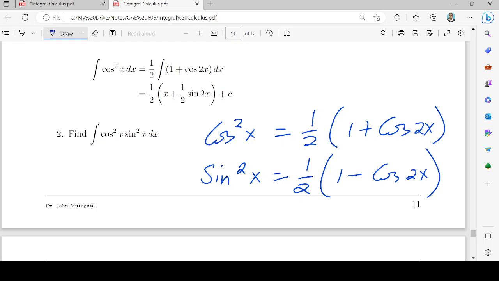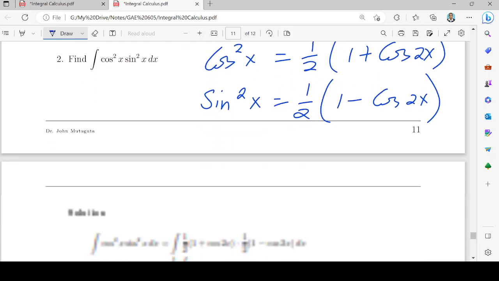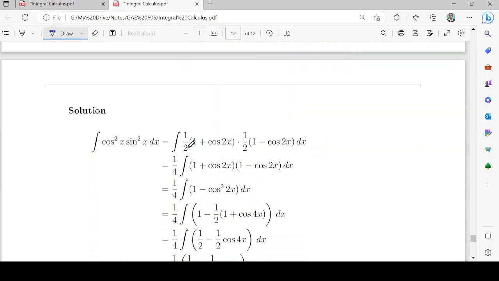Then we simplify. A half times a half is a quarter. Then we have 1 plus cos 2x times 1 minus cos 2x.